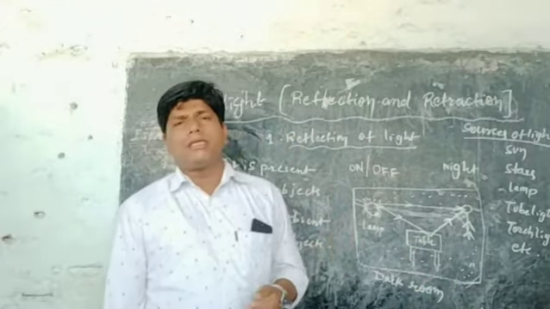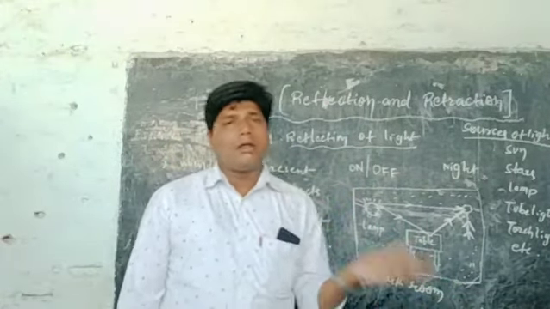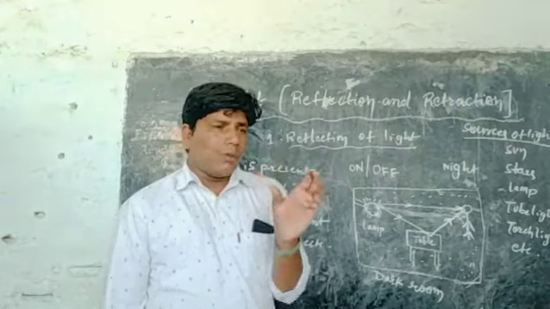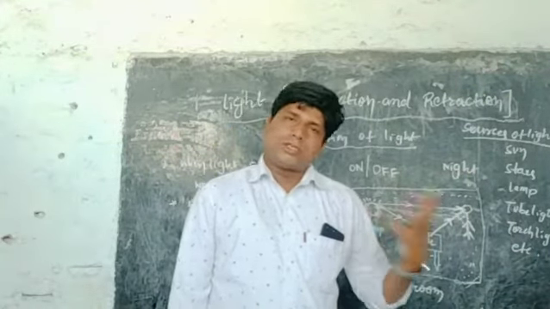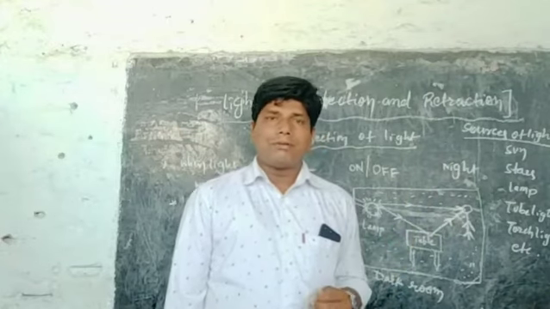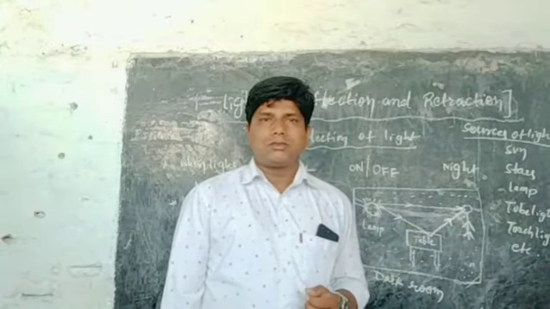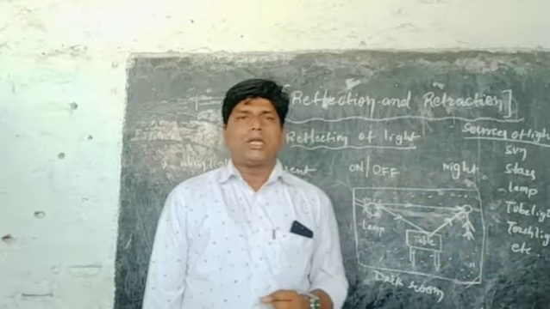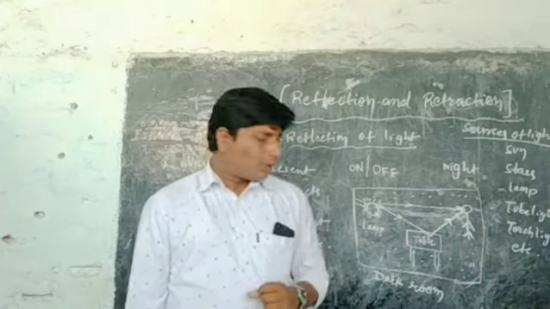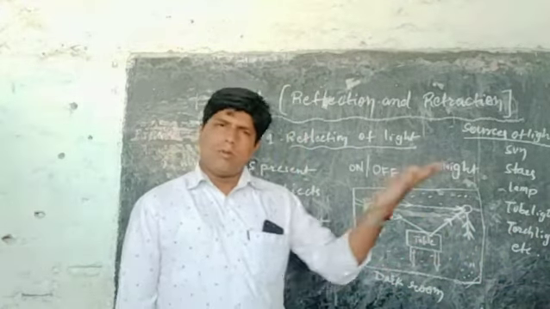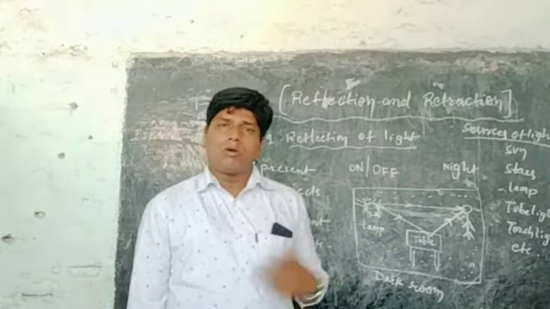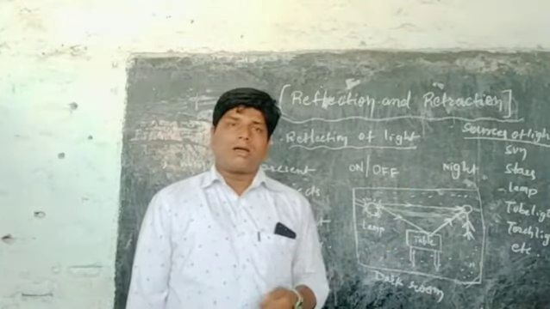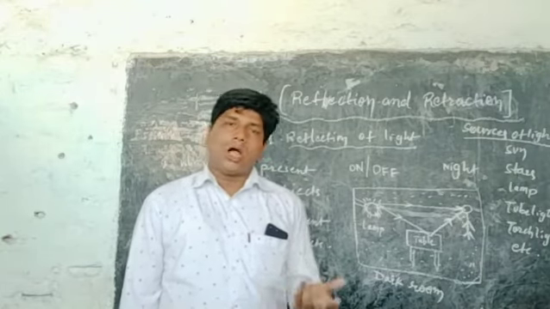There are so many examples of luminous and non-luminous objects. Luminous objects: sun, stars, lamp, torchlight, flashlight, etc. Coming to non-luminous objects: moon, table, human being, blackboard, wall, marker, pen, chalk.